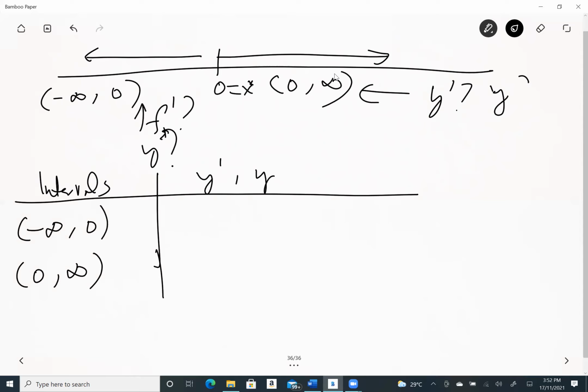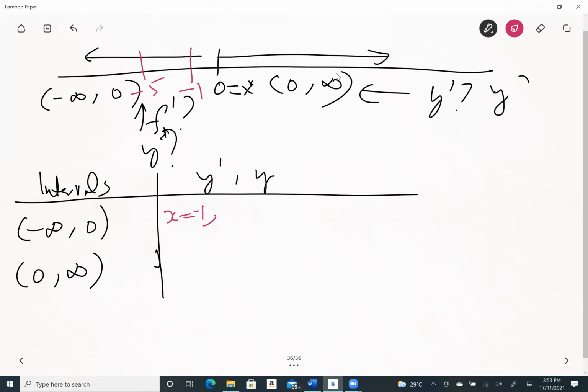Now we need only one test point per interval, because over the interval, if the y prime is positive, it will be positive everywhere in that interval. I can take -1, or you can take -5 or whatever. Let's say I take x equal to -1.